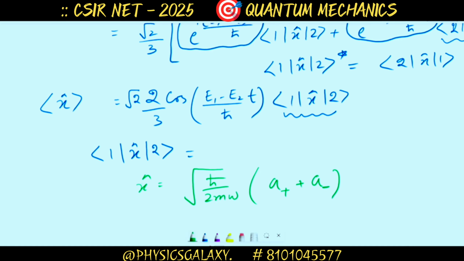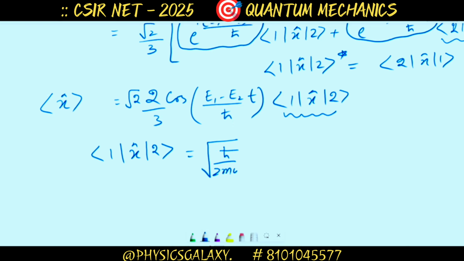So we will have h cut by 2 m omega, and then we'll have <1|, then a plus a minus acting on |2>, right?